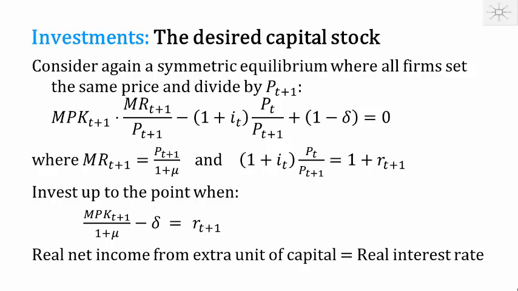That makes up the left-hand side, the net real return on investment, and that should be equal to the real interest rate that you pay in the credit market when you borrow to finance the investment. So this is a key equation that you should learn by heart and that we will use a lot to analyze investment and growth and other things.